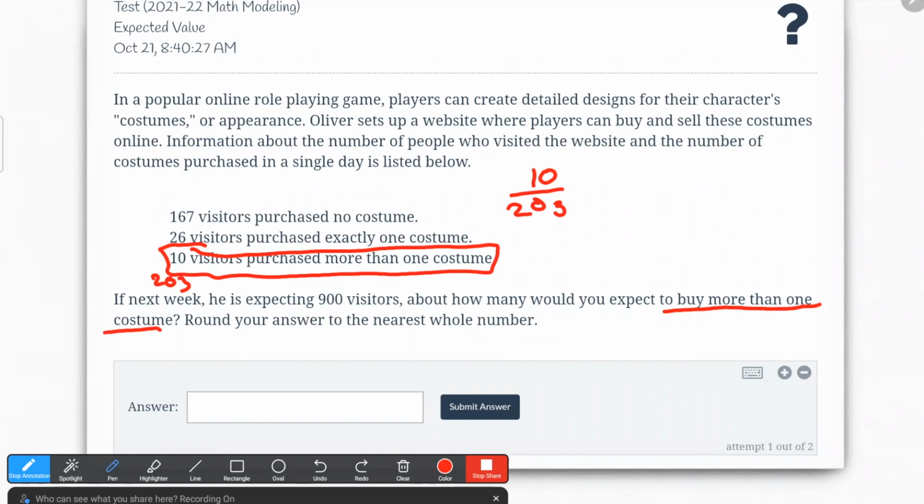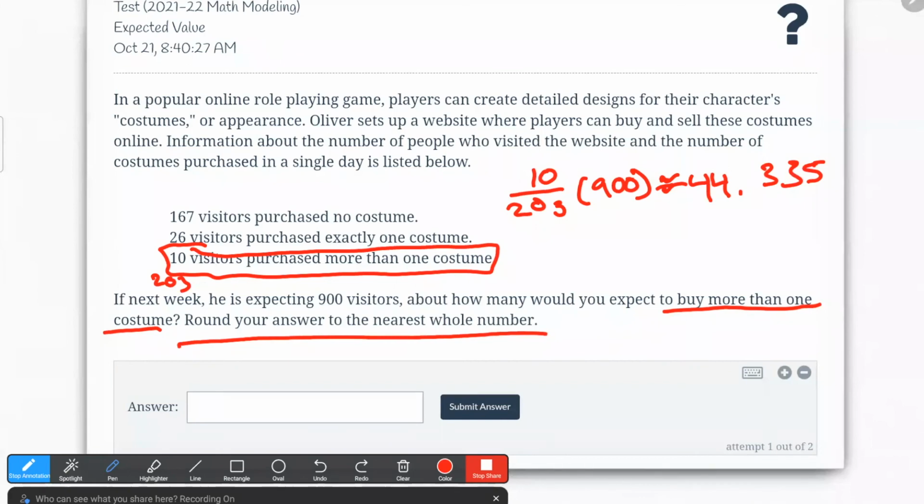So it's 10 out of 203, but then we're going to multiply that by 900 visitors, and that'll give us our expected outcome. And I get about 44.335. The question says to round to the nearest whole number. So we would expect 44 people.